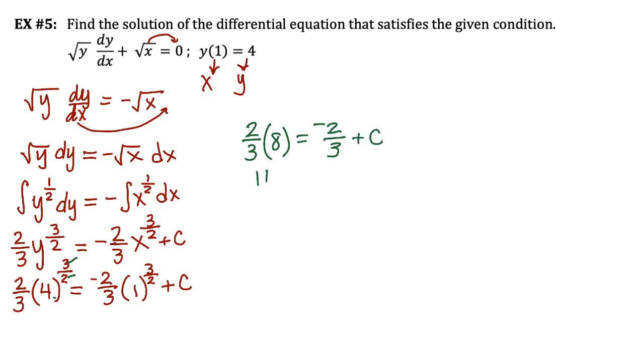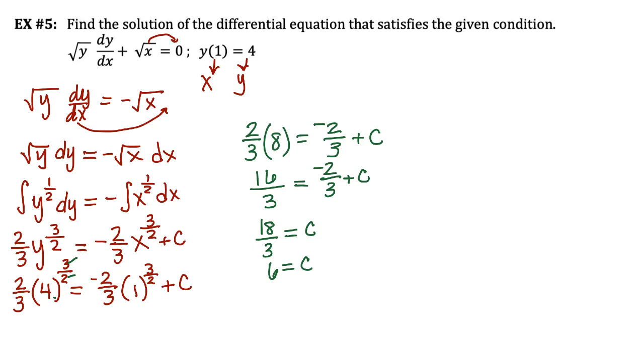So that's going to be 16 over 3 equals negative 2 over 3 plus c. So 18/3 equals c. So 6 is c.